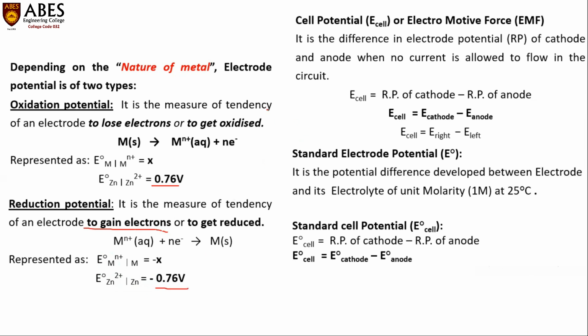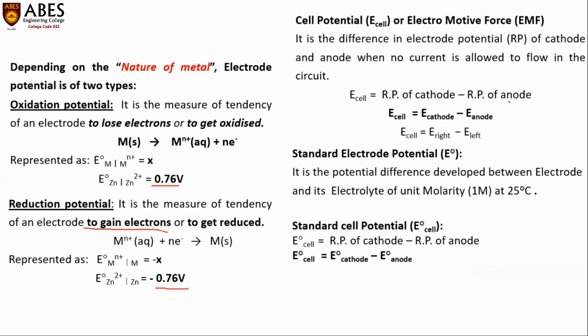Now, what is E cell or EMF? EMF, electromotive force, is basically the difference in the electrode potential of cathode and anode, and it is represented as E cell equals E reduction potential of cathode minus E reduction potential of anode.